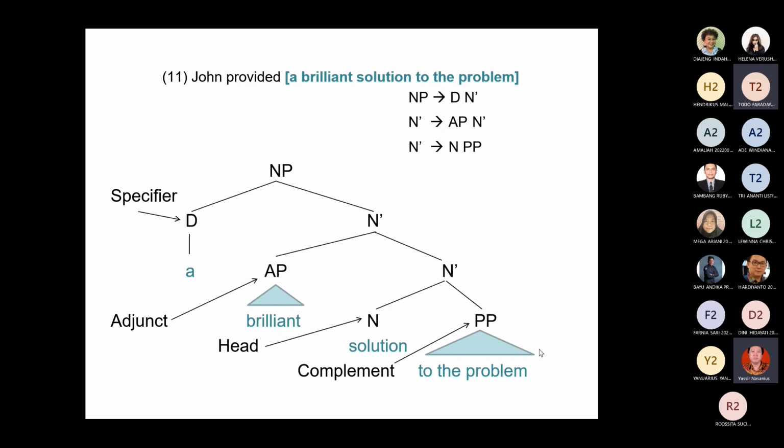Can I give you two or three minutes to draw the tree for me? See if you have difficulty or not. Sir, I think go to school is complement and by bus is adjunct. Isn't it the other way around? If you delete to school, do you think your sentence sounds complete?